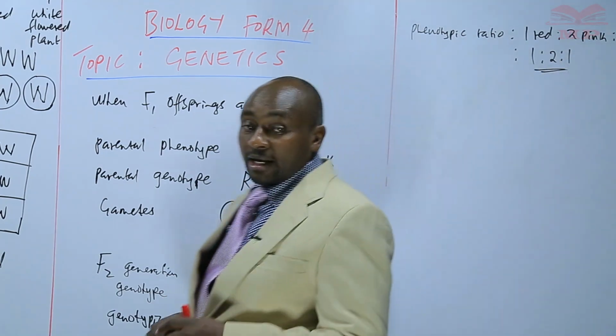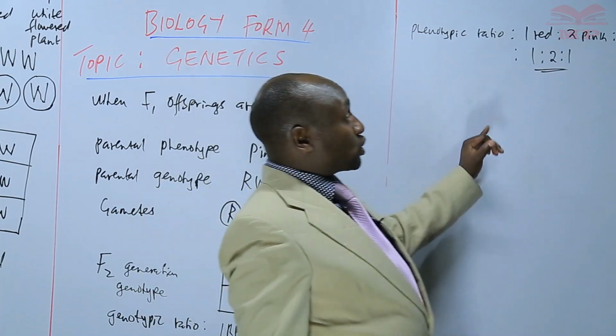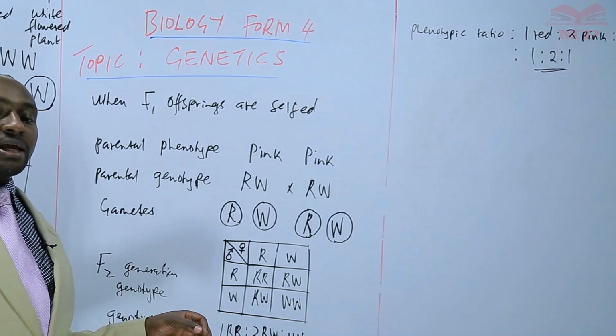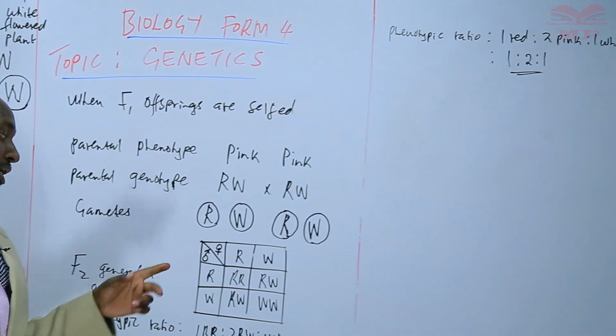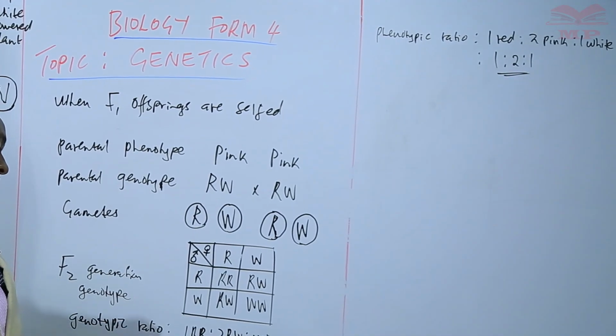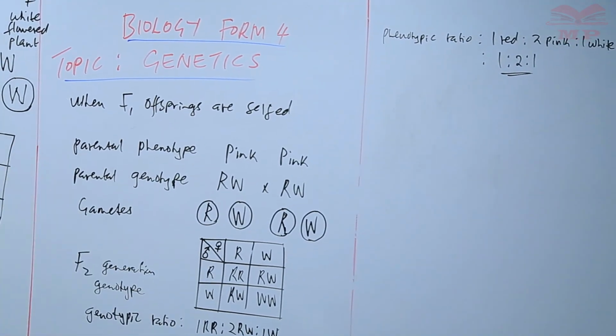So basically we can conclude that in a case of incomplete dominance, in the second generation we get a ratio of 1:2:1, both the genotypic ratio and the phenotypic ratio. But in the case of complete dominance, in the second generation we were getting a phenotypic ratio of 3:1, while the genotypic ratio remained the same. So the genotypic ratio remains the same for both complete and incomplete dominance.